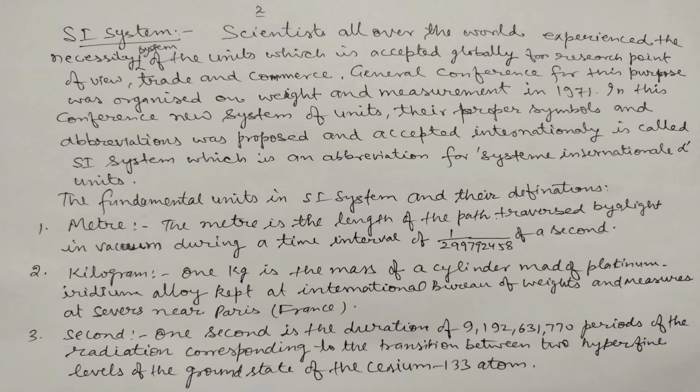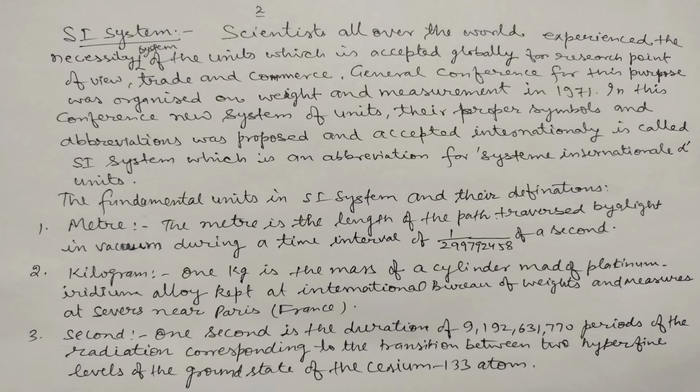For this purpose a general conference on weights and measures was organized in 1971, and in this conference a new system of units and their proper symbols and abbreviations were proposed and accepted internationally. This system is called the SI system, which is an abbreviation for Système International d'Unités.